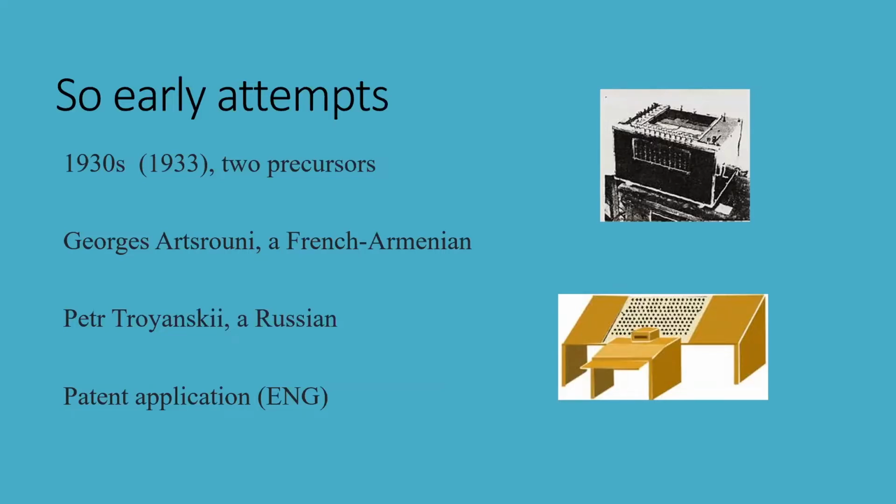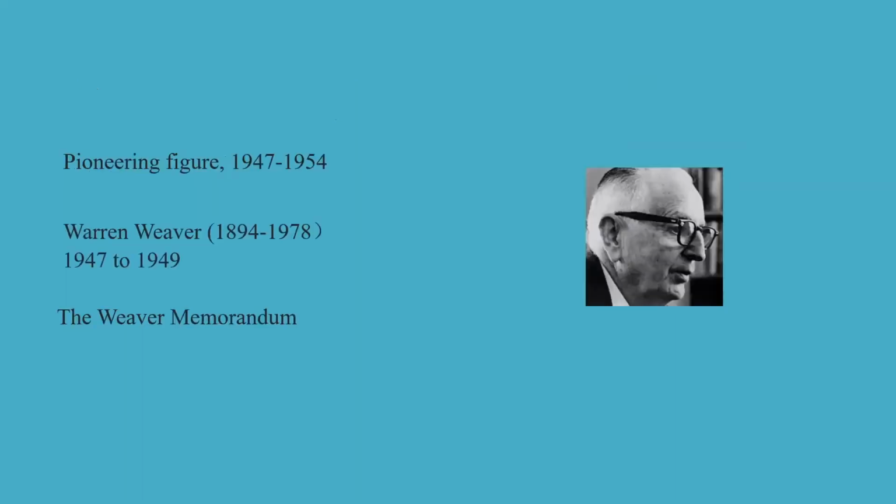So those were early attempts in the 1930s. After the ending of the Second World War, there was a pioneering figure named Warren Weaver. He was the vice president of the Rockefeller Foundation.